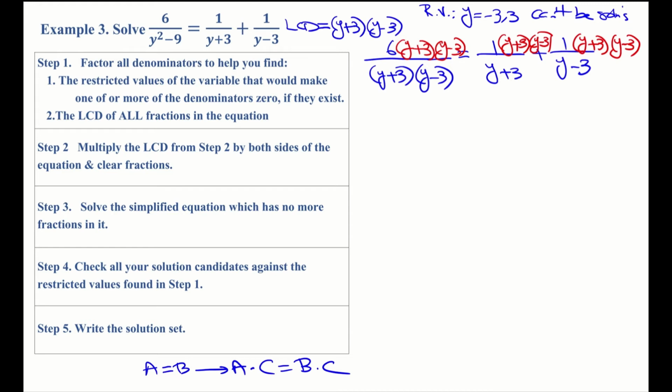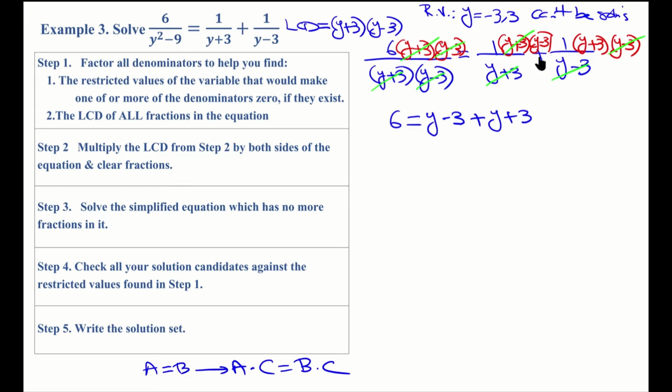Now we'll go ahead and cross cancel as much as possible. We notice that y plus 3 cancels y plus 3, y minus 3 cancels y minus 3. On the right side, y plus 3 cancels y plus 3, and y minus 3 cancels y minus 3. So the simplified version of our equation becomes 6 equals 1 times y minus 3, which is just y minus 3, plus 1 times y plus 3, which is simply y plus 3.